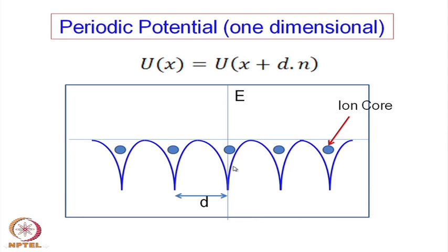So, it is periodically varying and coming back to the same value. That is the description of how the periodicity of the potential can be described mathematically. d is the distance between two consecutive or neighboring ion cores. This is a symmetric distribution, but a variable one.